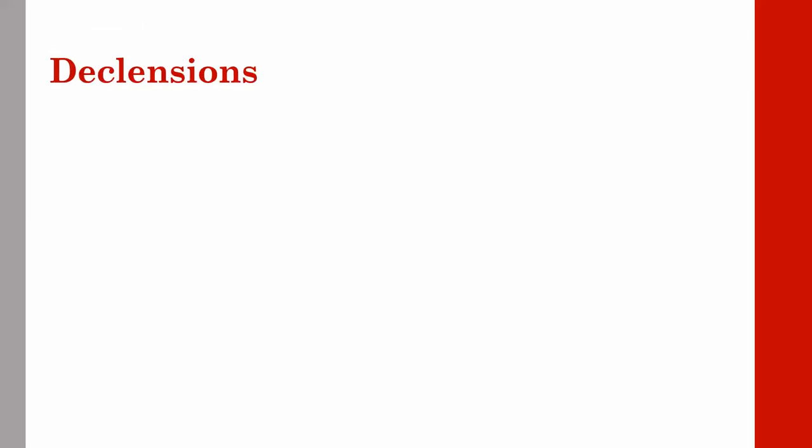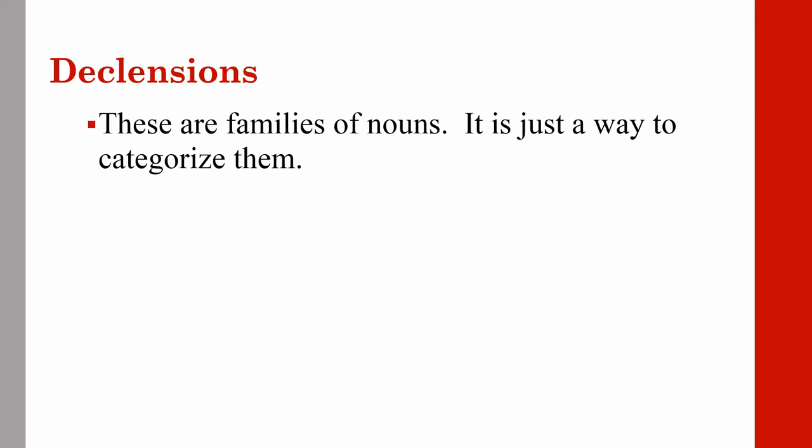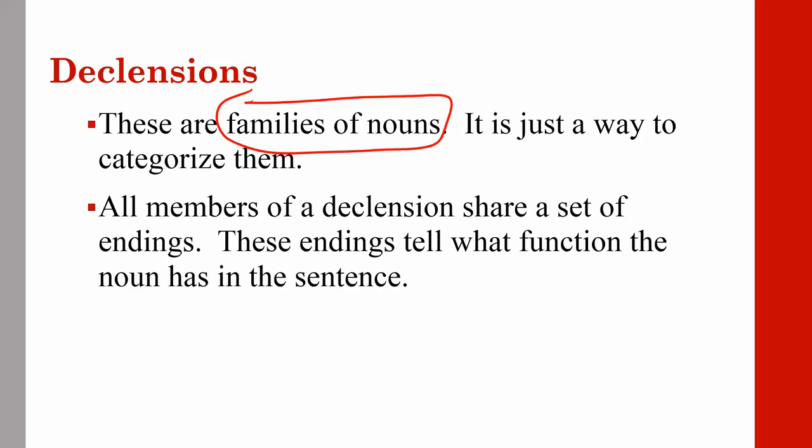So one last thing about nouns is that they have declensions. Declensions are simply families of nouns. Remember, we had families of verbs called conjugations. Well, for nouns, it's declensions. All members of a declension have a set of endings that they share. Okay, it's kind of like people sharing a last name. This is just like that.